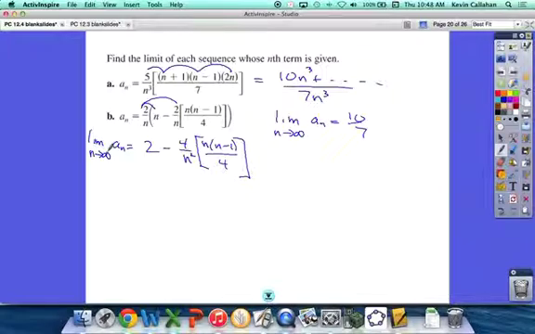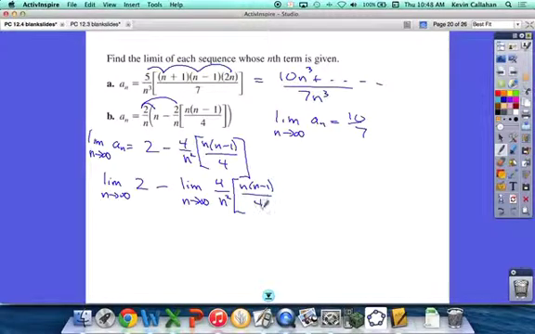What is going to be the limit of 2? 2, right? So this one we've got, that's 2.